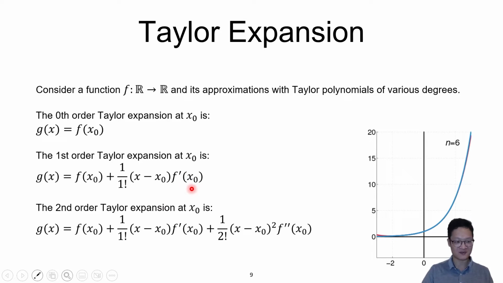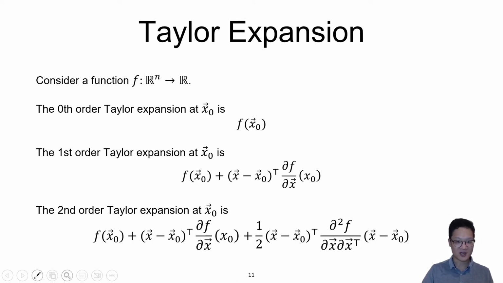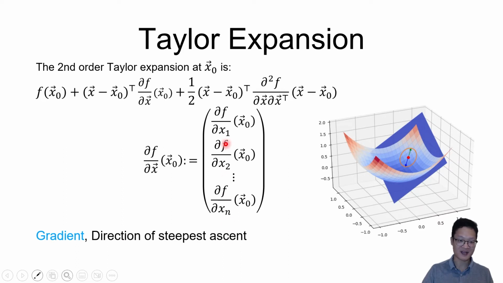That was pretty simple because f was only a function of one variable. Now that f is a function of multiple variables, i.e. a function of a vector, we can take the derivatives with respect to all of the components of that vector. So that's why the gradient is going to be an n by 1 vector, and that's why we needed a transpose here. So this is really an inner product.